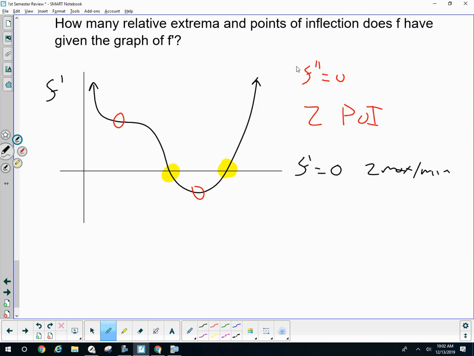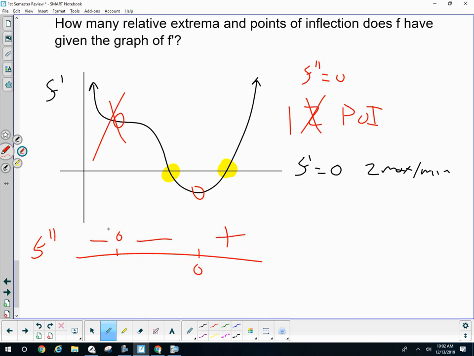And you're wrong. This is not a point of inflection, because if you looked at f double prime, you'd be going negative to a 0, yes, but then you're going back to a negative. You do not change sign. This is not a point of inflection.